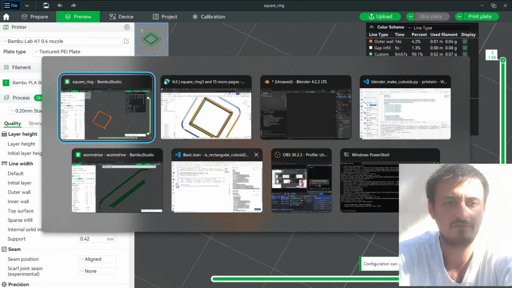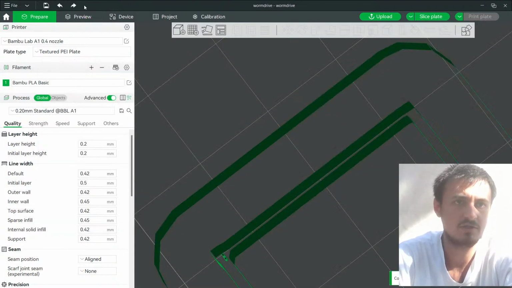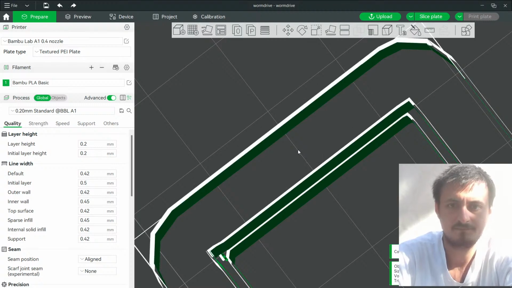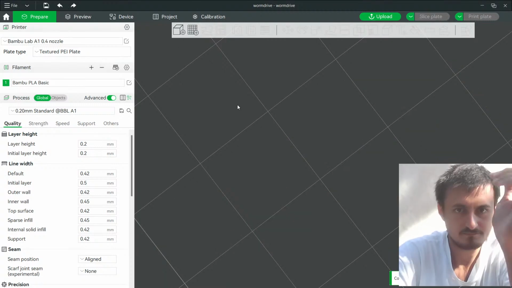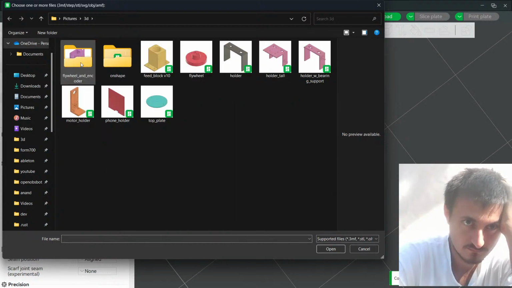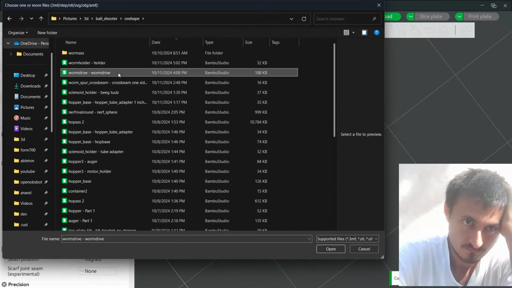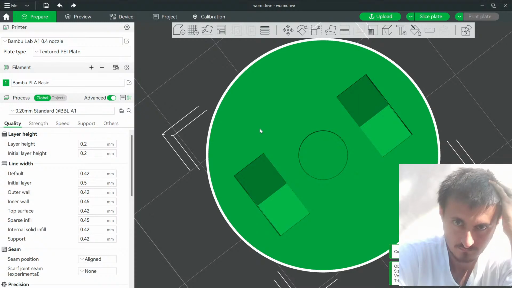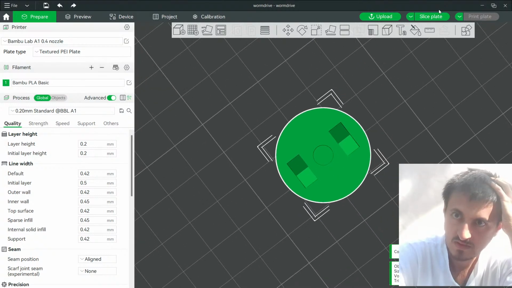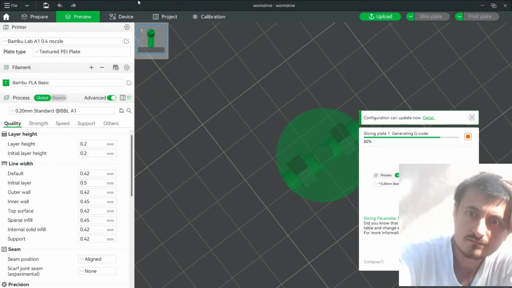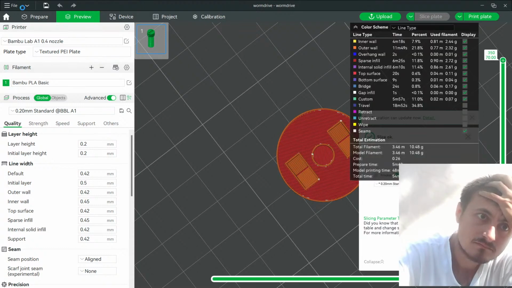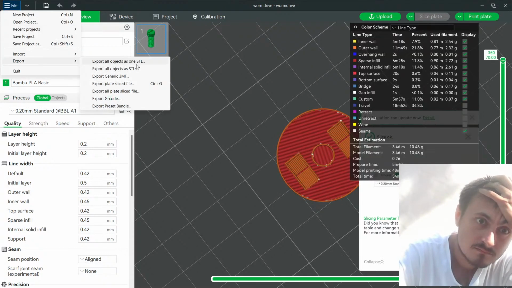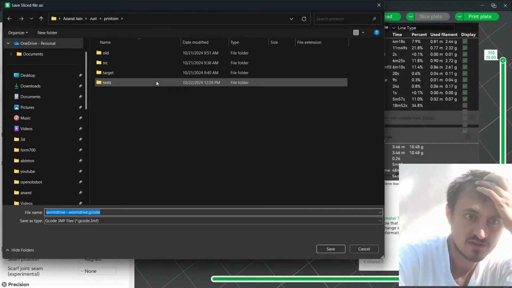Let's take a normal file, like the worm drive. Yeah, what is this?